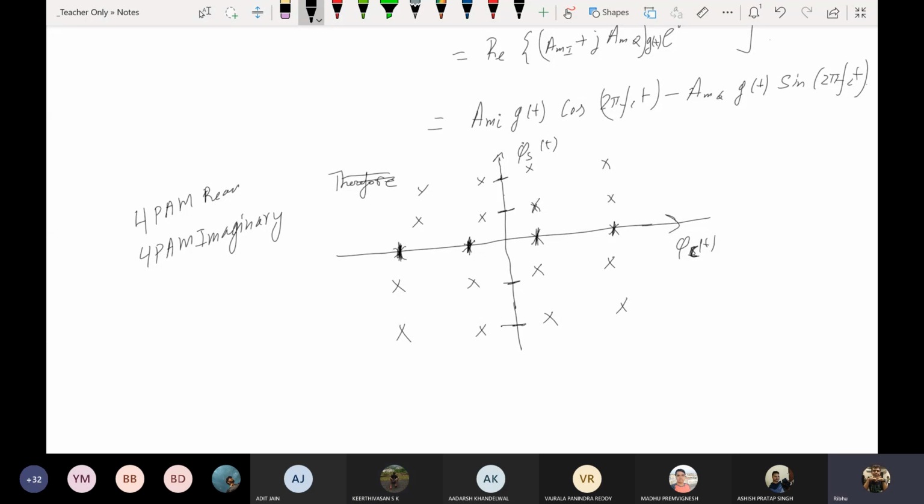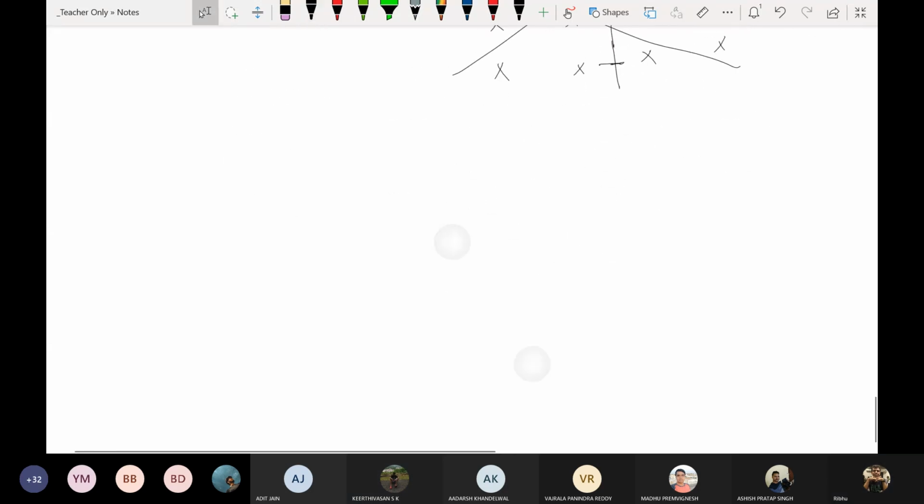I will give it a name later, but let me repeat this. Let's take superposing two 4 PAMs as an example.